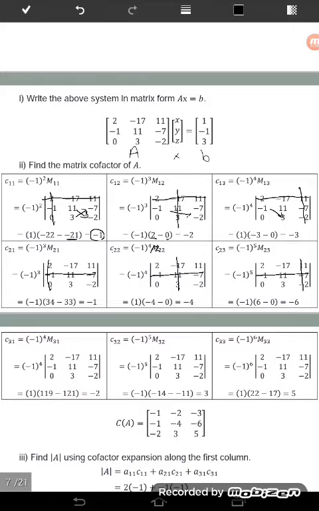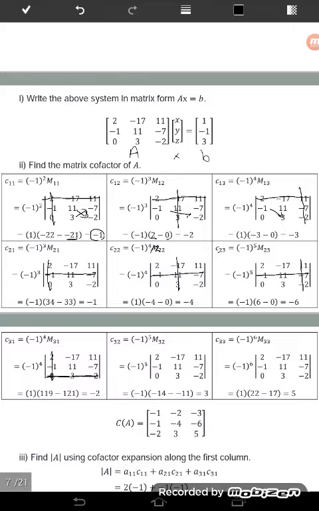And here also same. Okay, so M31, close row number 3, column number 1, calculate determinant, times with negative 1 power 4, become negative 2.